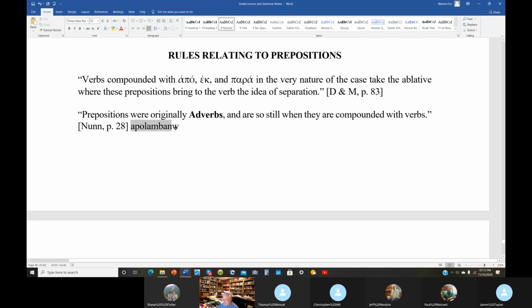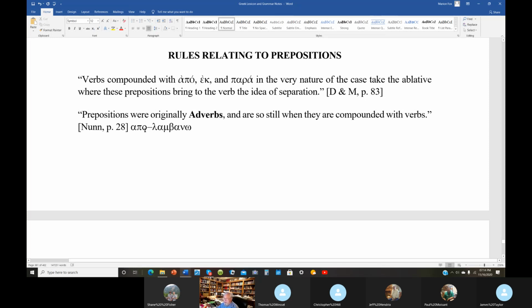This word right here in Greek, apolambano, I don't have my diacritical mark, but smooth breathing here. This word is a compound word. So the compounding occurred right there.